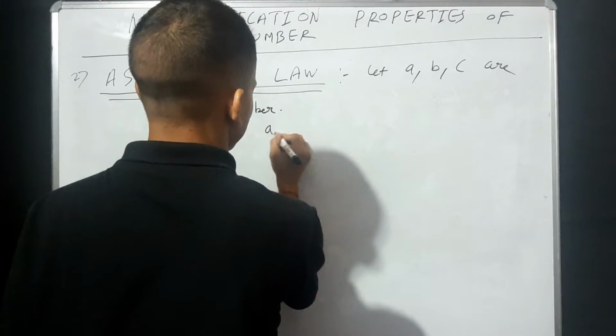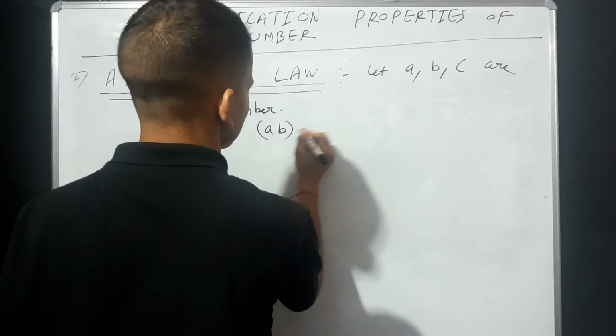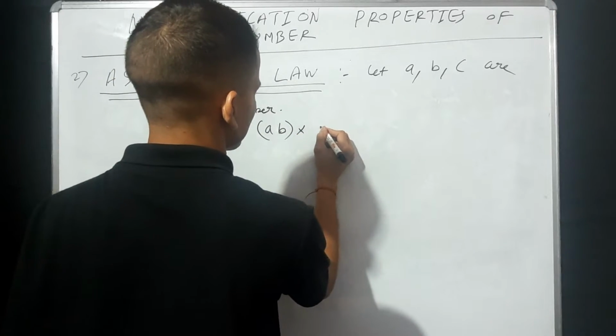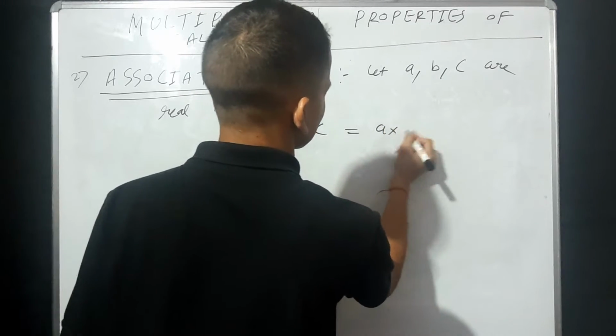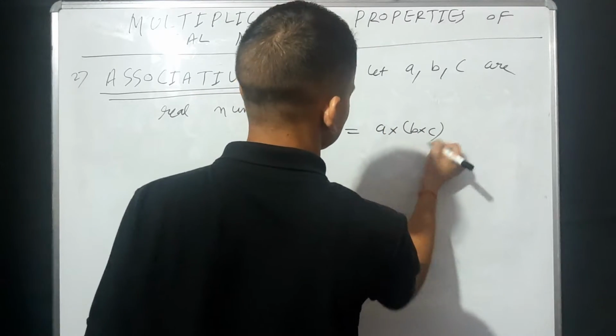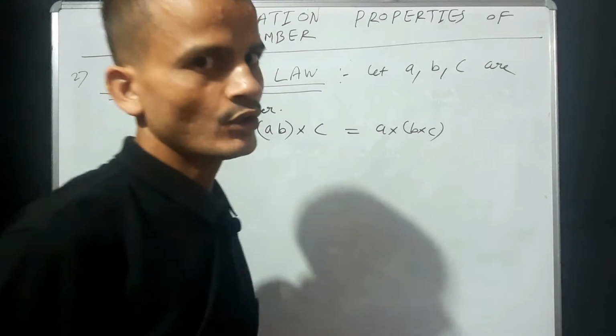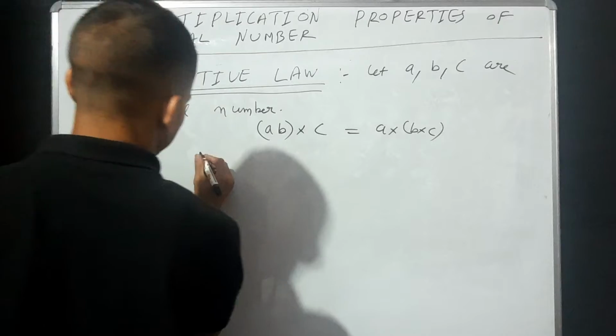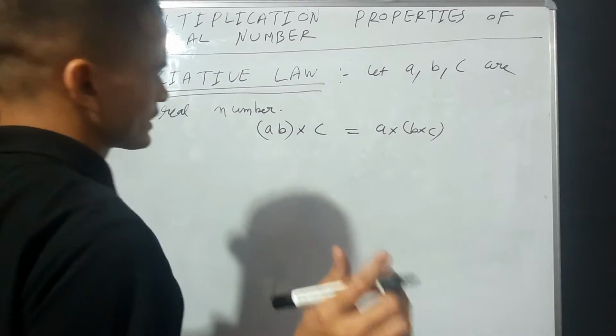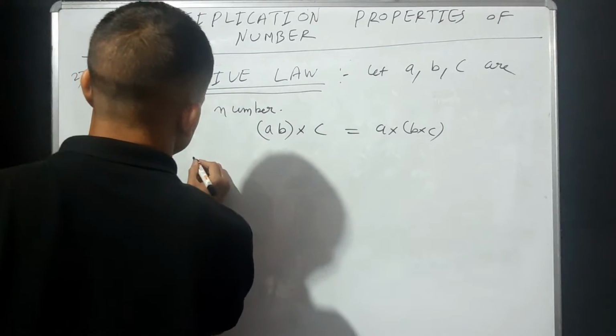When we multiply A and B in this way and take C this way, there is no effect on the multiplication. If you want to understand better, we see this with an example.